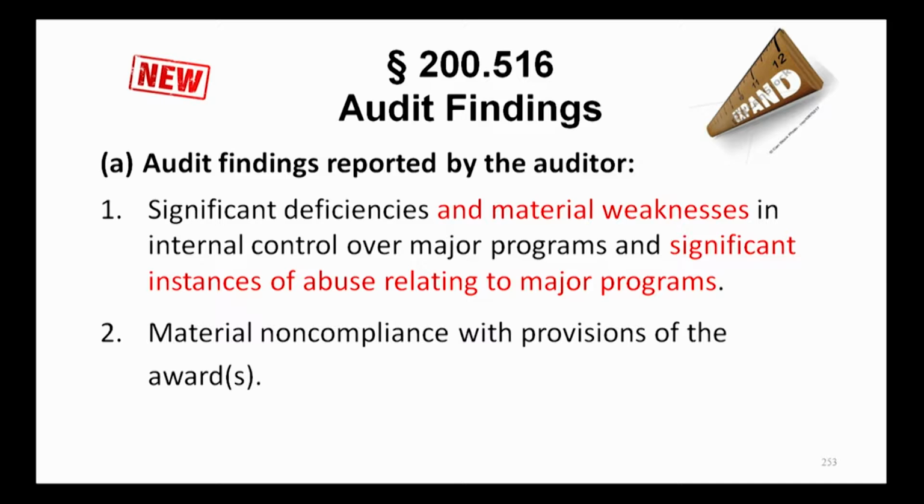That's what the auditor is required to report: material weaknesses and significant instances of abuse relating to the major programs. So there's a little more emphasis and responsibility for the auditor to make sure that if they identify and see significant abuses, they are required to report that in the findings.